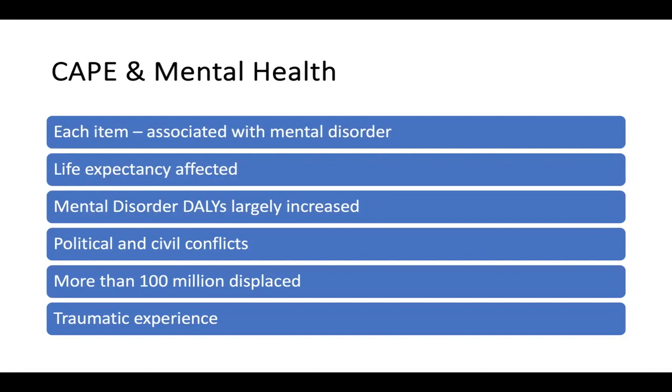The current political and civil conflicts worldwide are also considered leading factors for mental disorders and substance use disorders. Currently, violent civil conflicts disproportionately afflict middle and low-income countries and are recognized as risk factors for mental disorders.